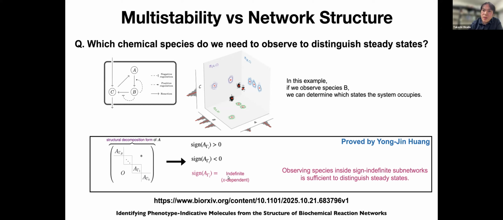I mean, the sign cannot be determined from structural information, and may depend on kinetics or concentrations. Then Yunjin Huang showed that observing species inside the sign-indefinite subnetworks is sufficient to distinguish steady states. And we posted this study on bioRxiv last week, so please take a look if you are interested.